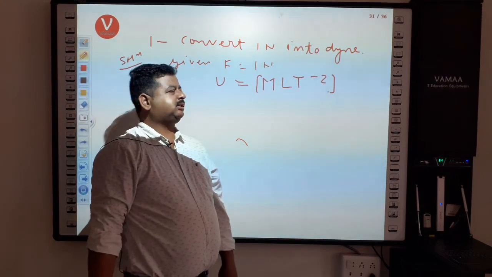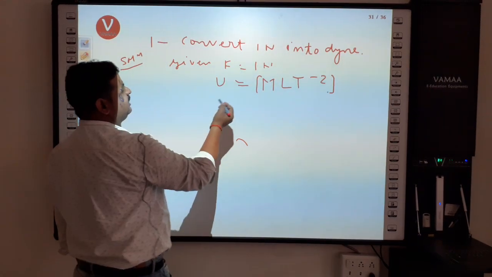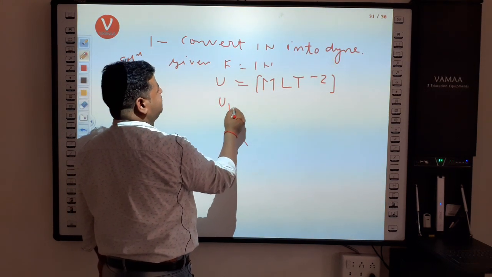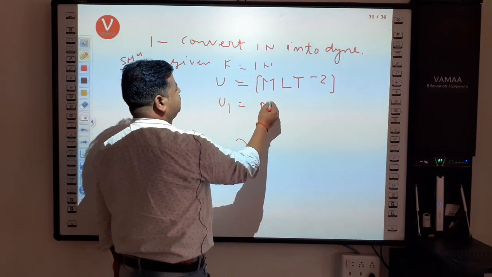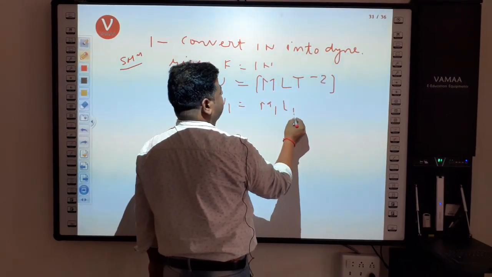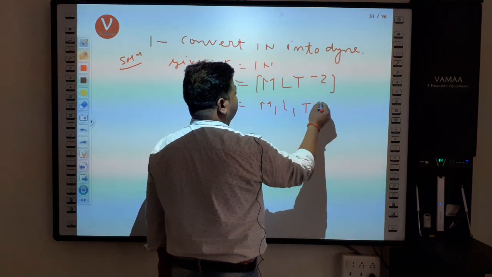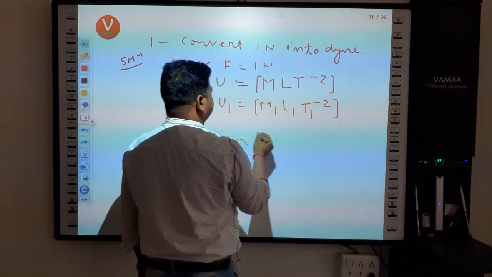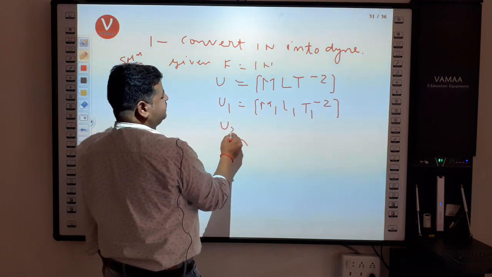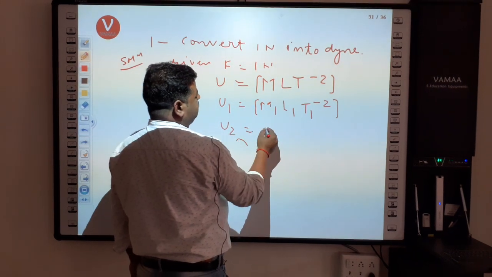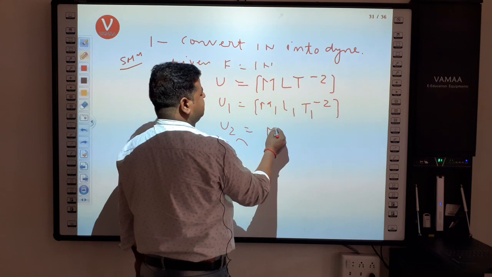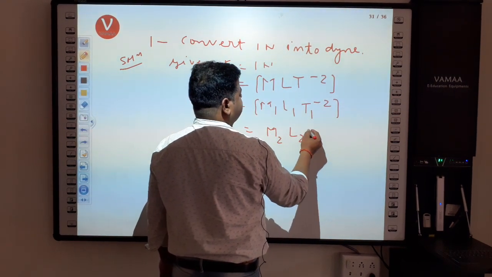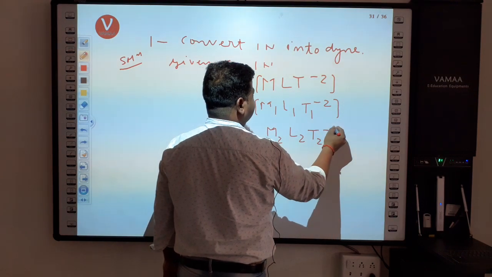In the first system, that is MKS, we consider U1 is equal to M1 L1 T1 raised to power minus 2, and in the second system consider U2 is equal to M2 L2 T2 to the power minus 2.